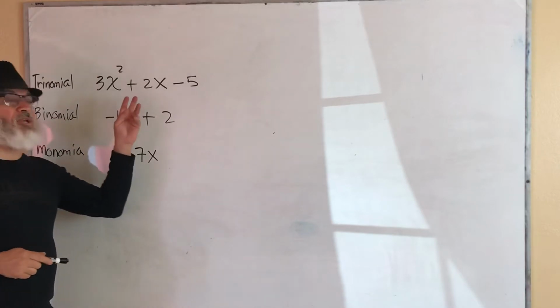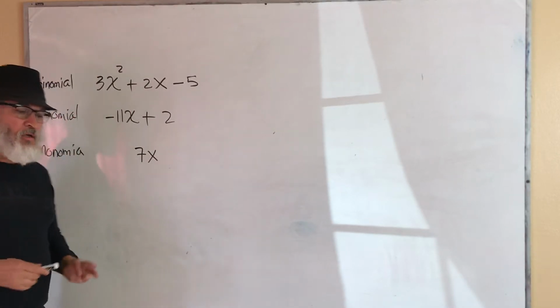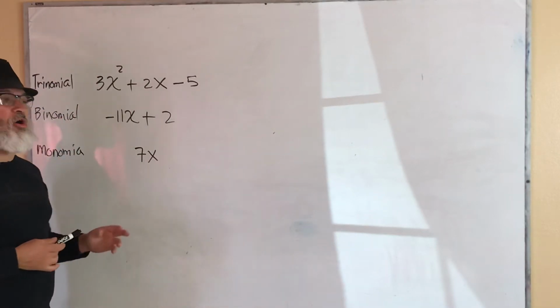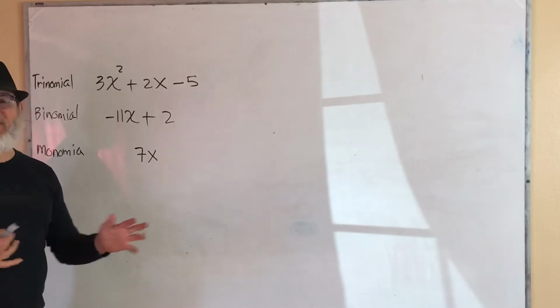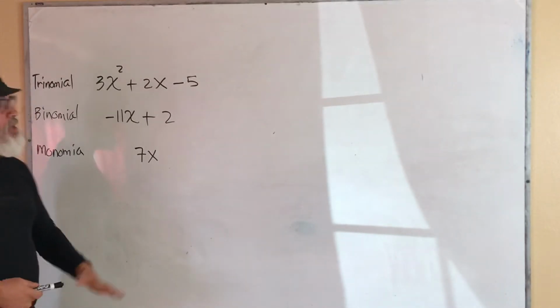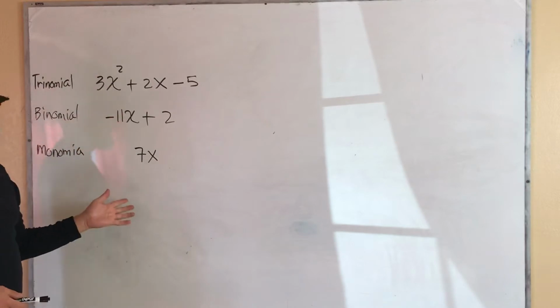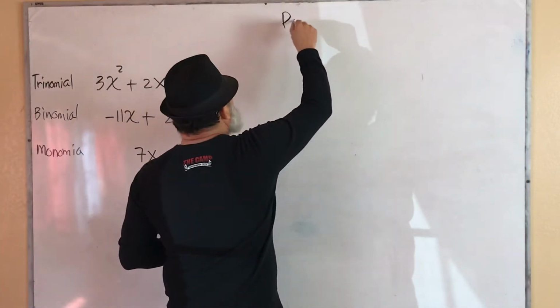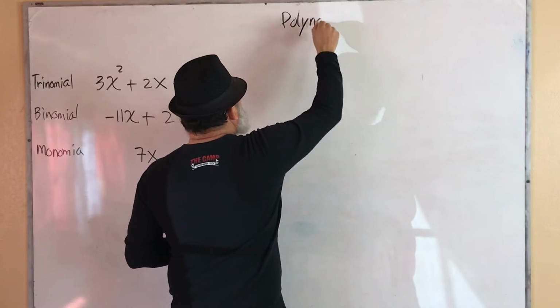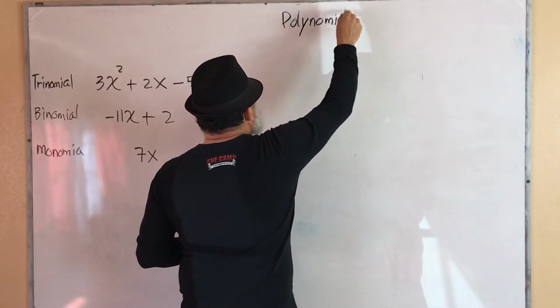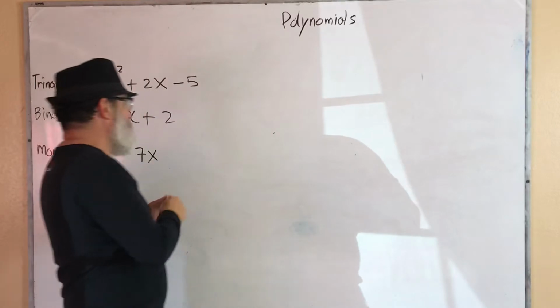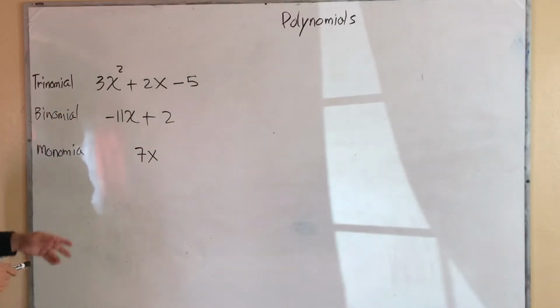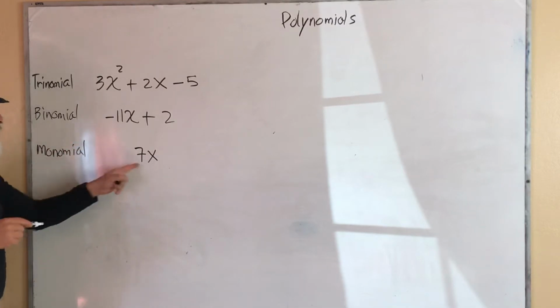If it's more than 3 terms, we just call it by its general name. By the way, these are all polynomials, but you may call this one a trinomial, a binomial, a monomial.